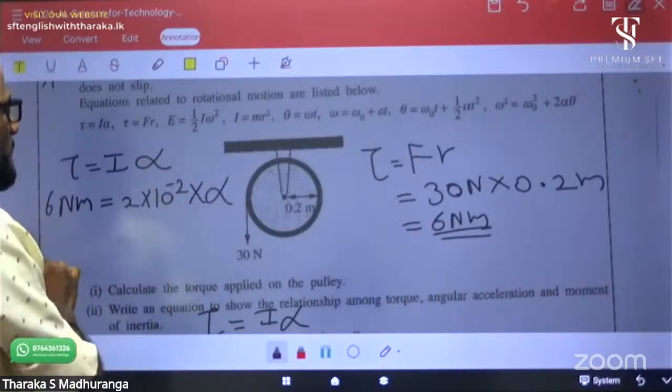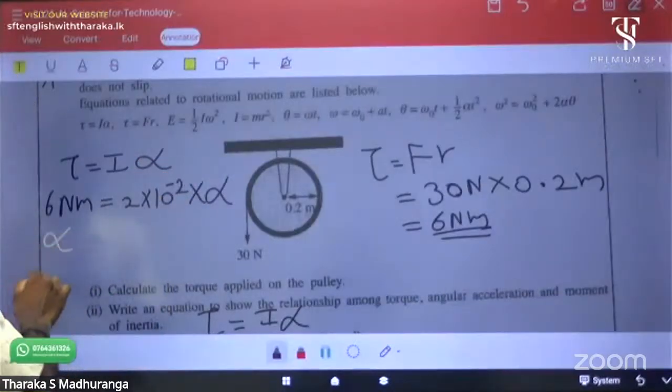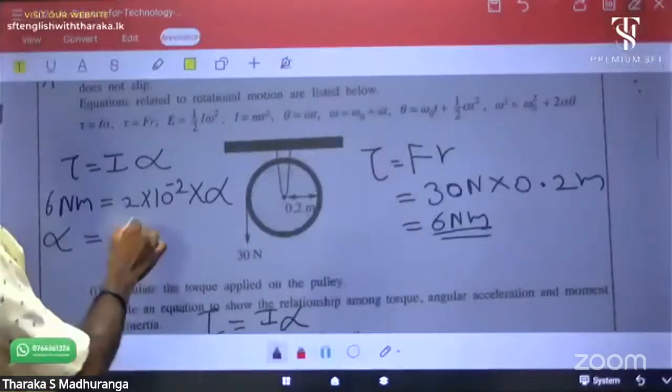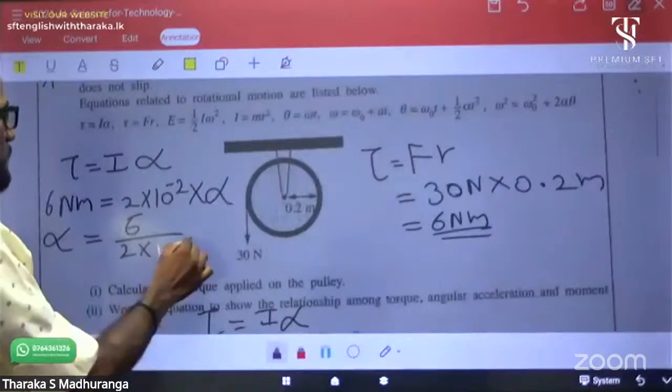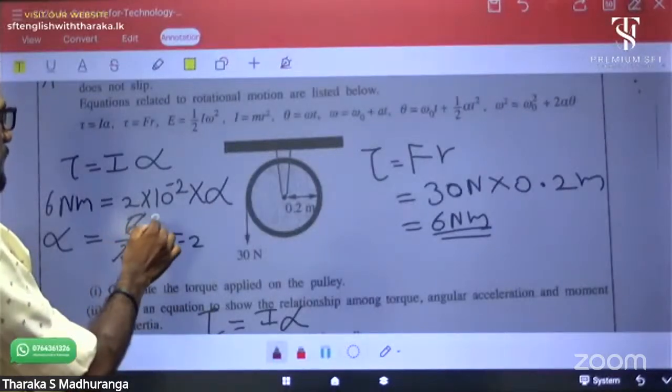Alpha equals 6 over 2 into 10 to the power minus 2. It is 3.